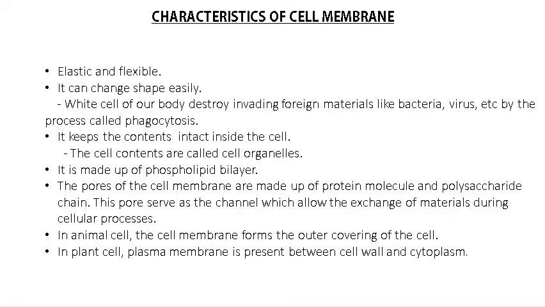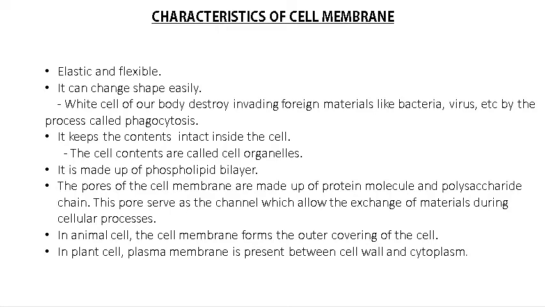Here I have listed characteristics of the cell membrane. Previously I took the example of a balloon, how its shape changes because it has elasticity and flexibility properties. Here also the cell membrane has elastic and flexible characters. So because of that, it can change its shape easily.